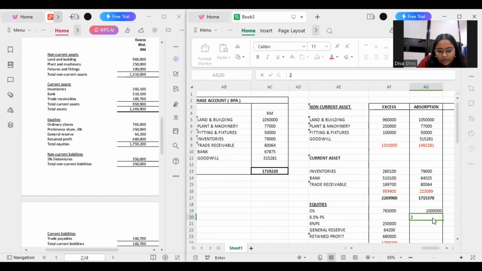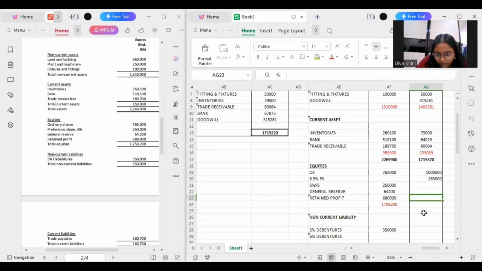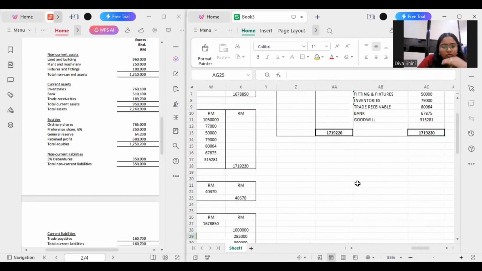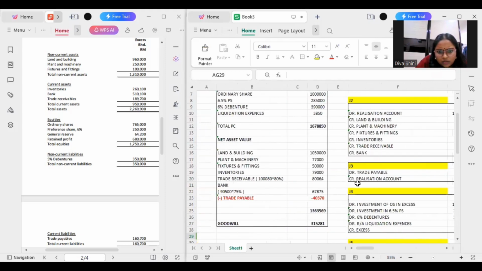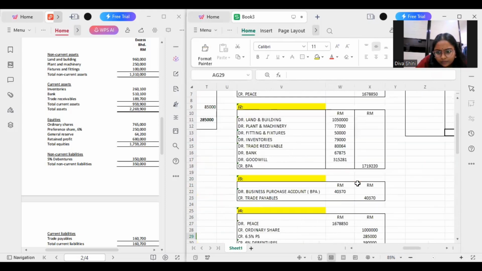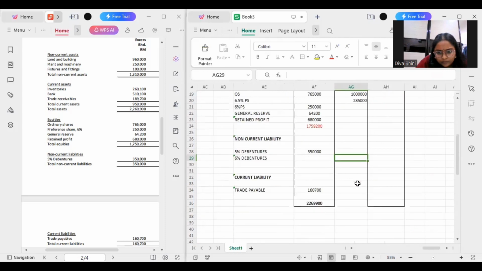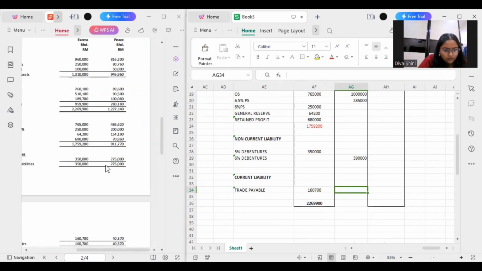Okay, this is 285,000. And then general reserve and retained profit. Okay, 6% debentures, 390. And then the trade payable is 40,370.